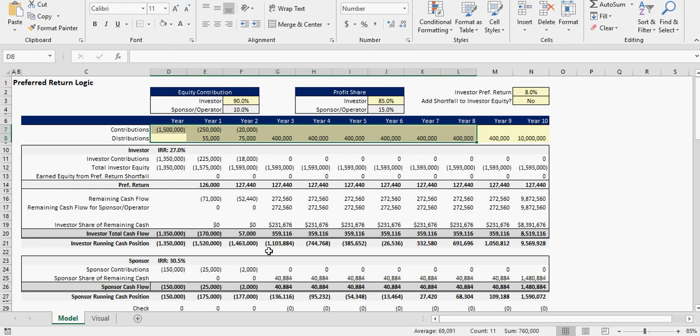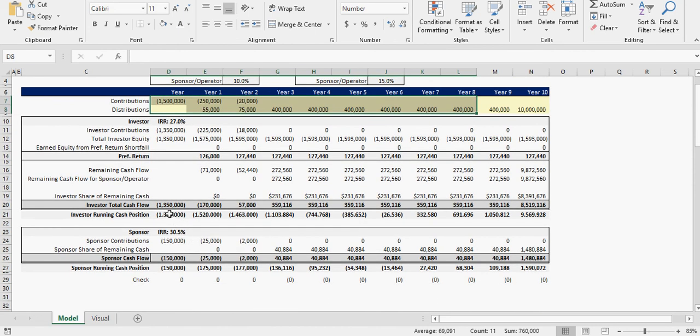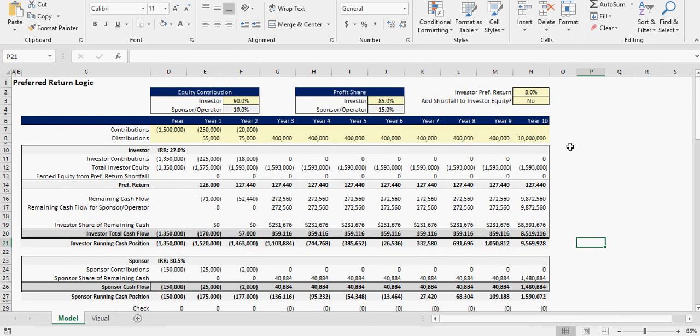I added a couple other things. We've got the running balance. This is kind of when you break even. As the investor is saying, based on all of this stuff, you're breaking even in year 7, and sponsor as well.